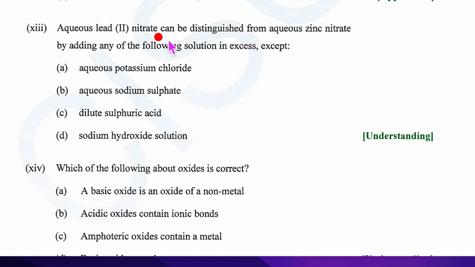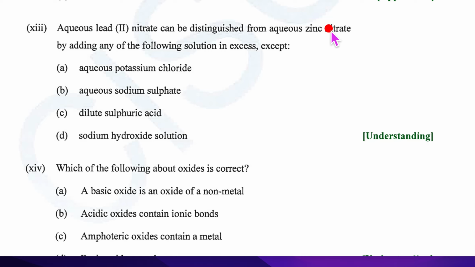13th one, aqueous lead nitrate can be distinguished from aqueous zinc nitrate by adding any one of the following solutions in excess except. So there is one which cannot distinguish the two. Now let us look at potassium chloride. If potassium chloride is reacted with lead nitrate, it will form lead chloride, which will be a white precipitate.